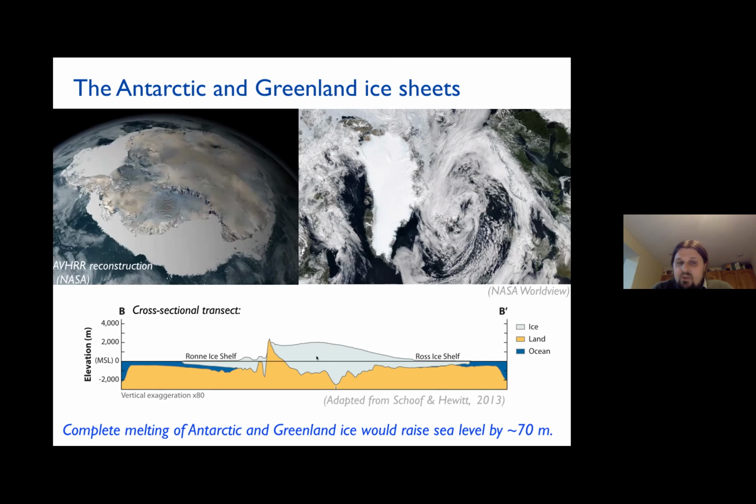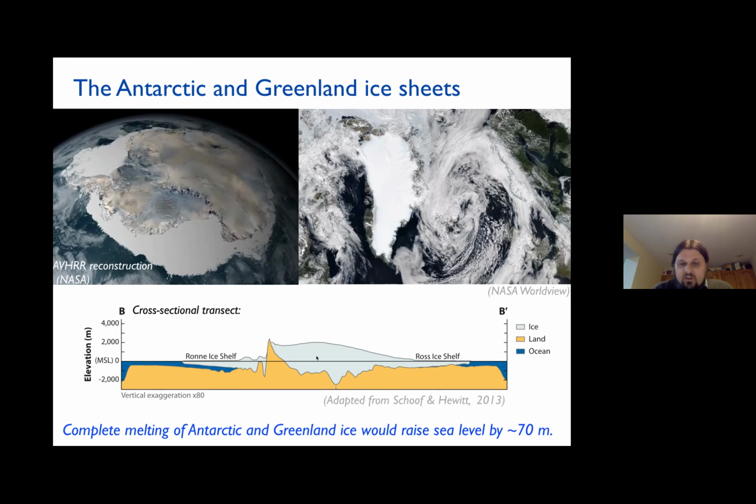And just to give you an idea of one of the motivations for interest in understanding ice sheet flow, one of the key drivers is an interest in understanding contributions to sea level. If you were to completely melt the Antarctic and Greenland ice sheets, you'd be able to raise sea level by around about 70 meters.